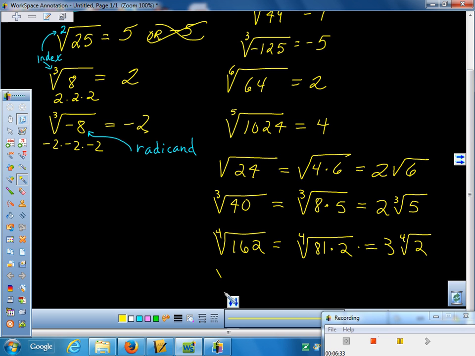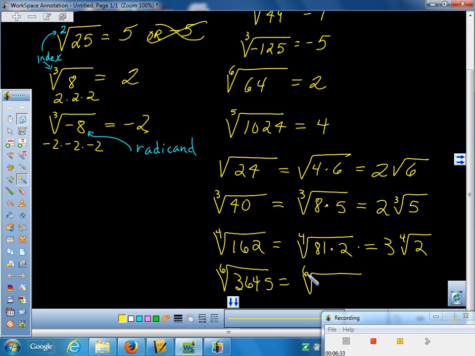Okay, here's a big one for you. What's the sixth root of 3,645? Okay, so you're going to which column? X to the sixth. You're going down the x to the sixth column, and you have to find a number that would multiply to make 3,645. Oh, there's a 5 on the end.